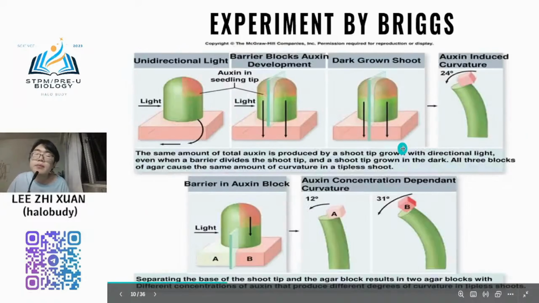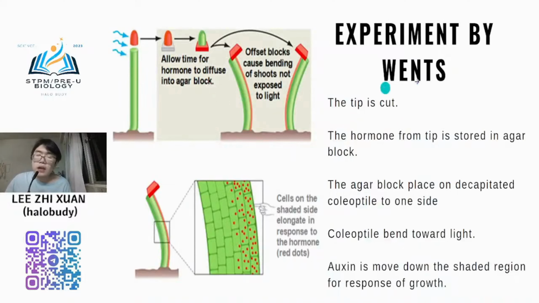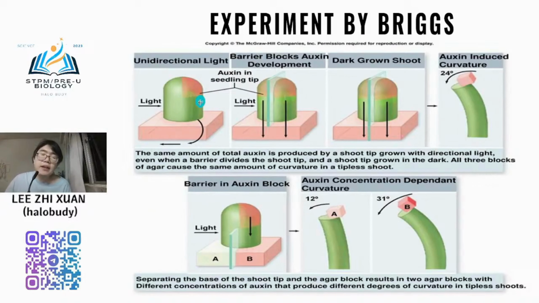Okay. And another one is the experiment by Briggs. Normally in this one they use a similar setup, they just modify the experiment by Went, but the difference is the shoot tips that you use were extracted with the light first, and then they use a barrier to block the auxin development.